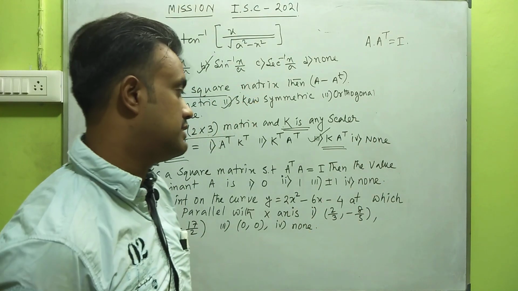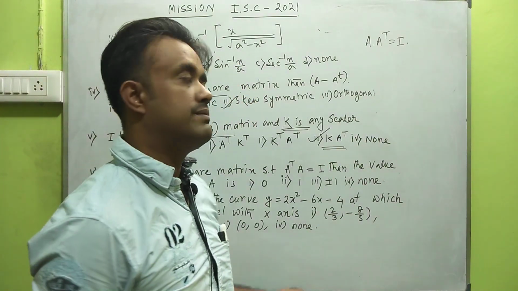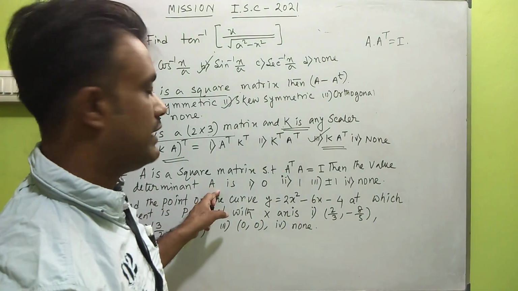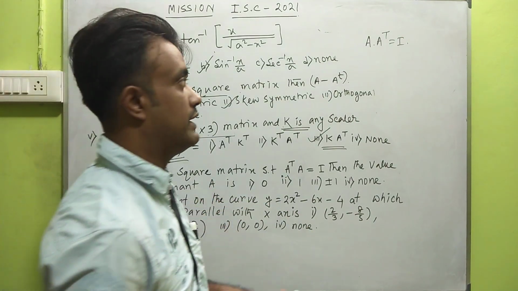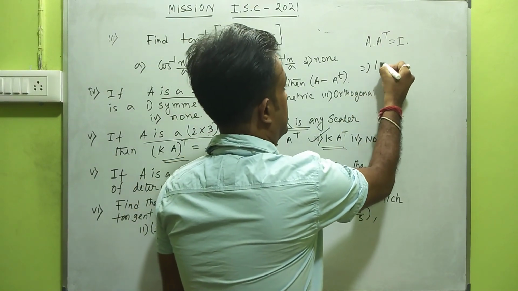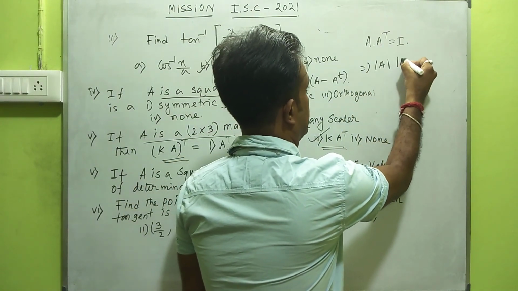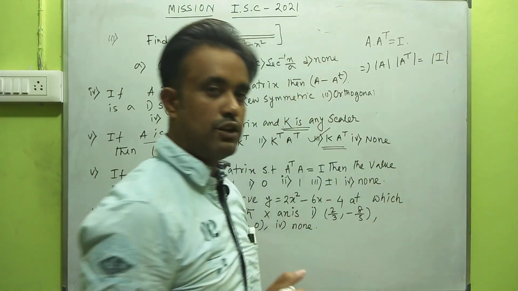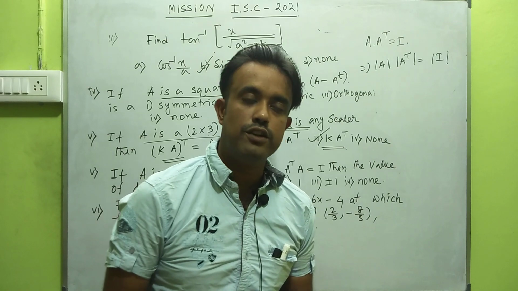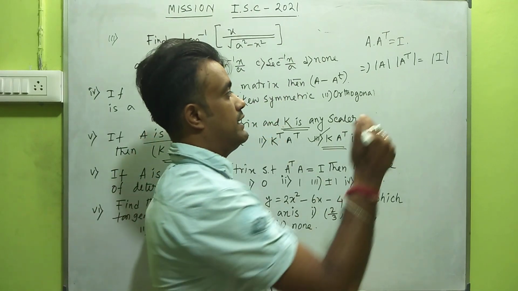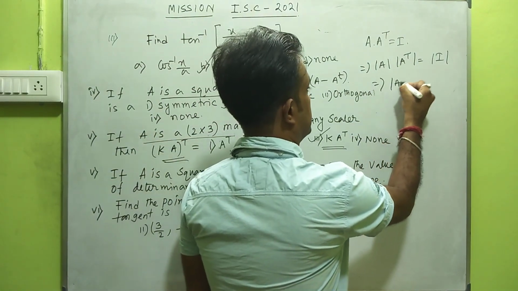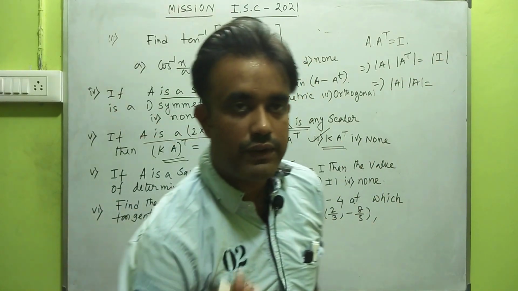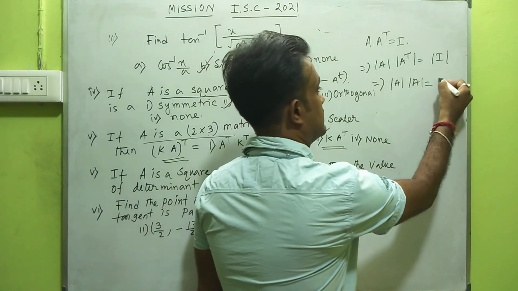A into A transpose is equal to I. If we take the determinant on both sides, we have to find the determinant of A. So here the determinant of A A transpose is equal to the determinant of the identity matrix. We know that the determinant of A transpose is equal to the determinant of A. So determinant of A into determinant of A, and we also know that the determinant of the identity matrix is 1.